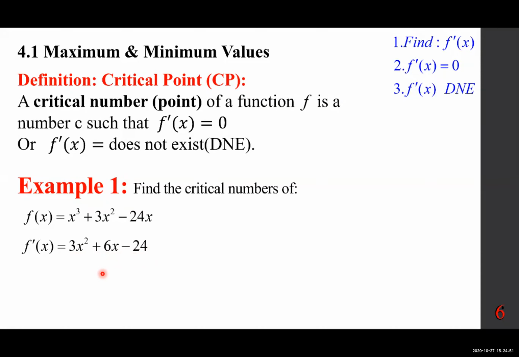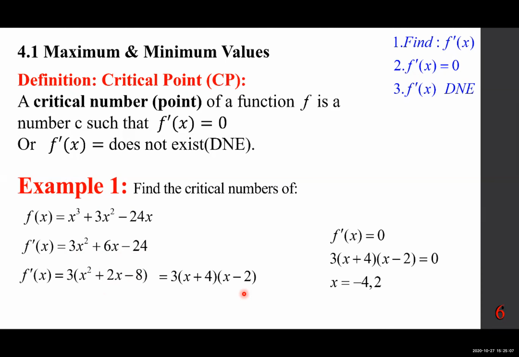We factor out the 3. Then we want two numbers whose product is -8 and whose sum is 2. If we set this equal to 0, it results in x equals -4, x equals 2. So this is the bottom line when it comes to this example, finding all critical points or numbers.